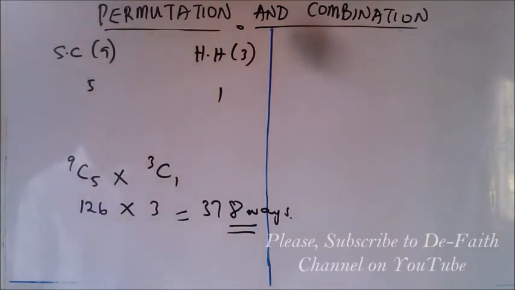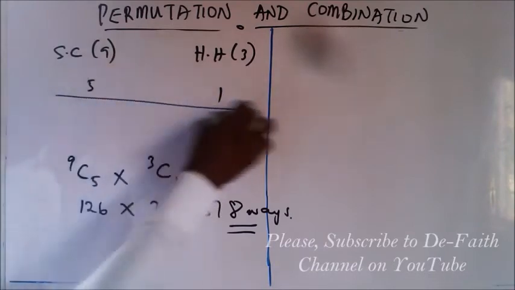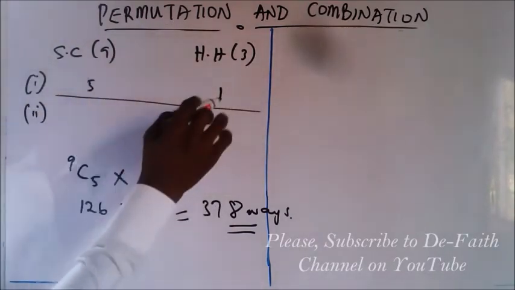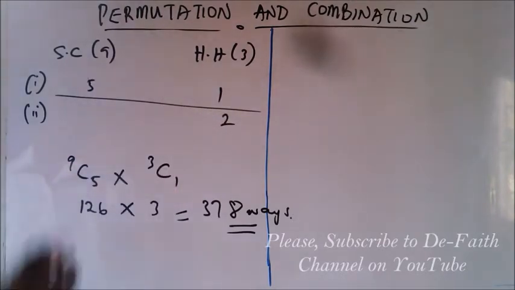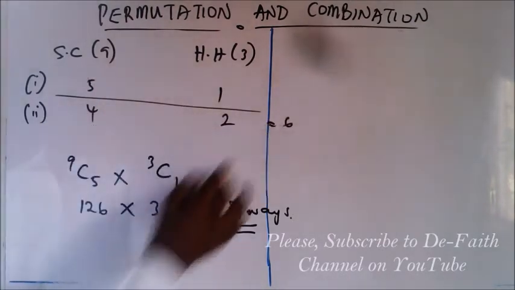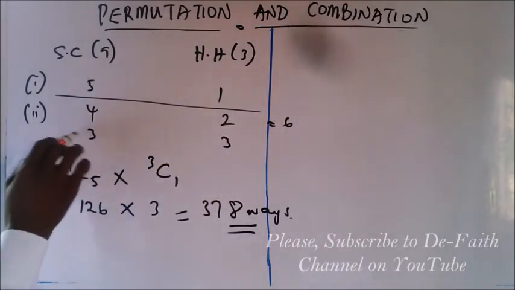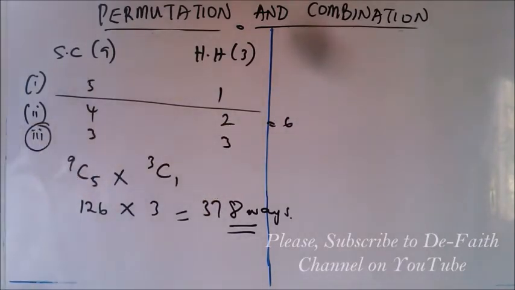without telling us any particular number of House of Assembly members that should be there. So what we could have done would have been to say that this is 1 way, right? We could have a second way by having 2 House of Assembly members and 4 to give us 6. Or we could choose the 3 from the House of Assembly and choose 3 from here to make the 3rd way.